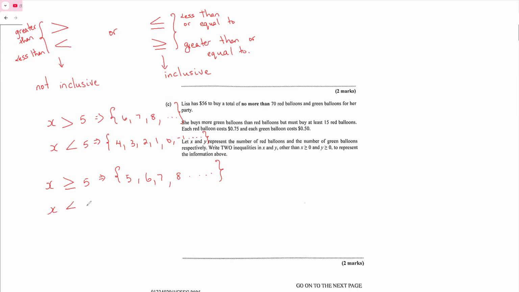And if x is less than or equal to 5, it means that x could be 5, 4, 3, 2, 1, all the way to negative infinity. So remember, this is not inclusive. It doesn't include the number itself, but these are inclusive.